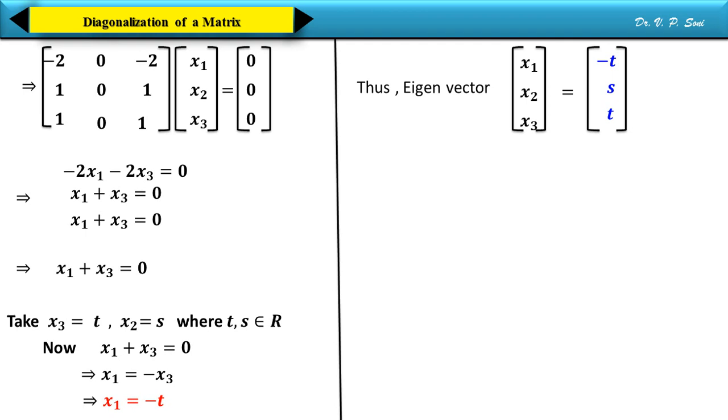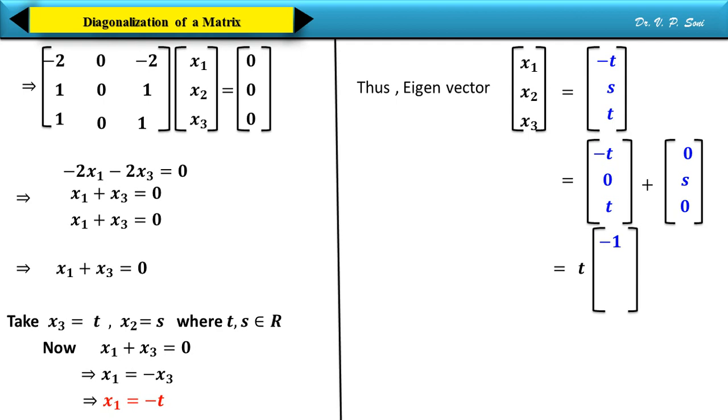Thus eigenvector x1 x2 x3 equal to vector minus t, s and t. It can be expressed as a sum of two vectors. First vector minus t 0 t plus second vector 0 s 0. Now take t as a common factor in first vector, then we get t into vector minus 1 0 1 plus take s as a common factor in second vector, then s into vector 0 1 0.